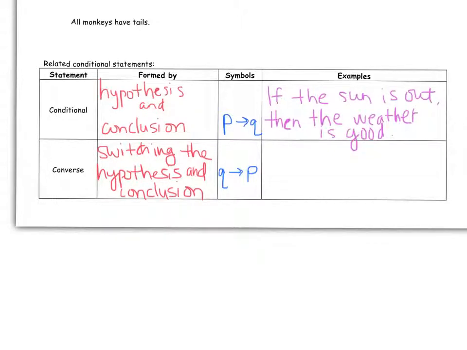Jordan? The sun is out. Remember, we do not include the if and then in our hypothesis and conclusion. So the hypothesis is just the sun is out. And then what is the conclusion? Jordan? The weather is good would be our conclusion.